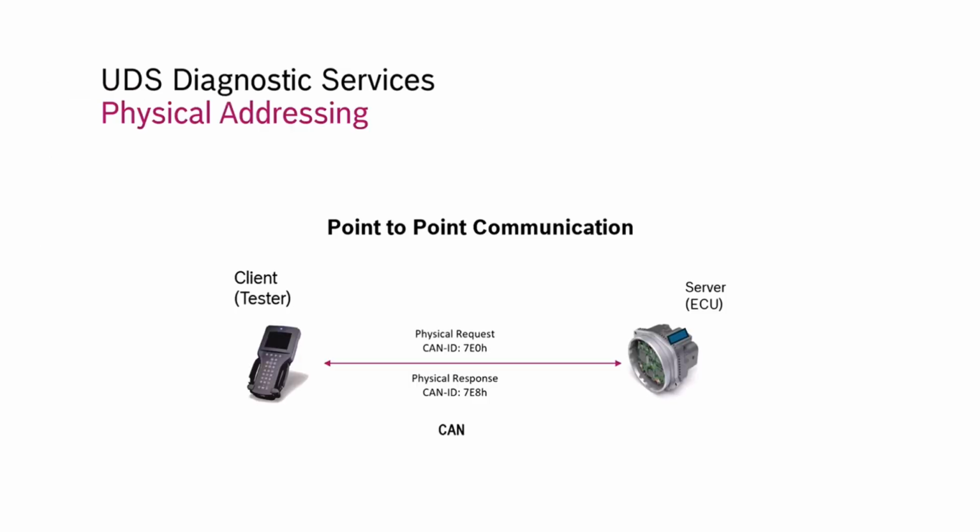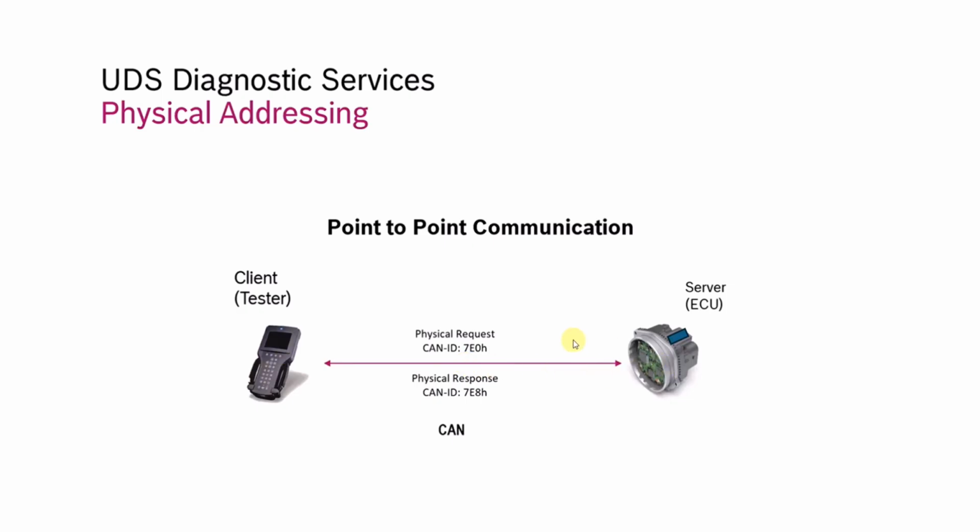So physical addressing, as I told, is point-to-point communication. Here on the left side we have a tester, and this is a server. The tester is called the client, and the ECU is called the server. That is why this is client-server communication. I want to know some information from the server, so I need to send a request to the server.